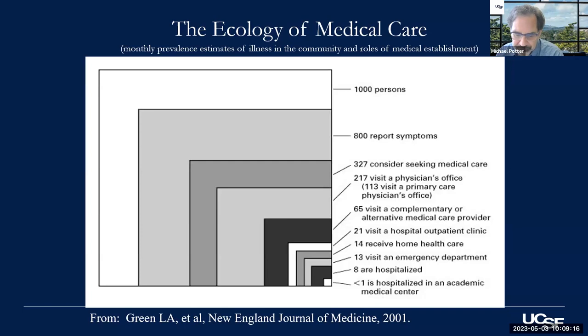Then 40 years later, in 2001, the article was updated to emphasize that things had not changed that much in terms of where people get their care, and that's where this figure comes from. You can see that in any given month, if there are 1,000 people in the community, maybe 800 report symptoms, maybe 320 consider seeking medical care. A couple hundred might visit a physician's office, and very, very few of them ever actually reach a hospital-based setting.